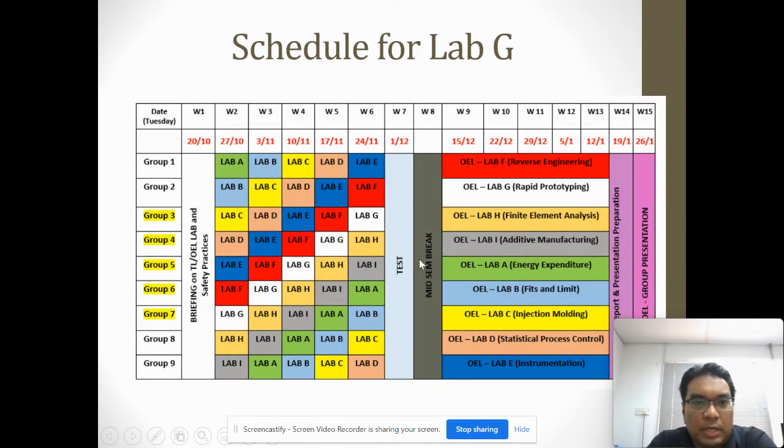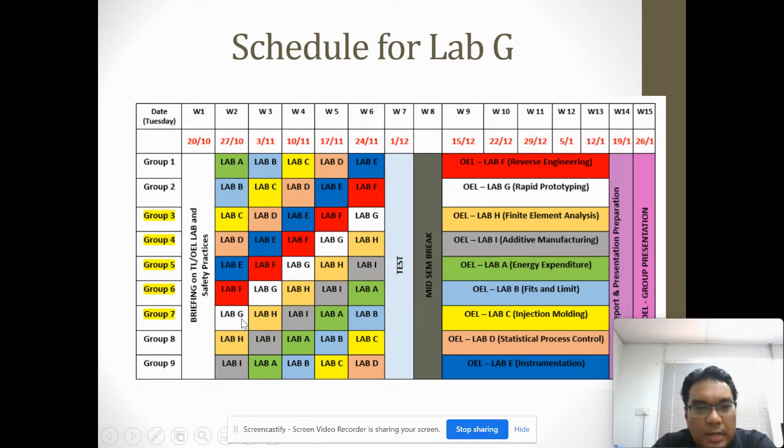This is the overall schedule for the traditional lab under Lab G, which is RP. Lab G is indicated here. For this week, you have already gone through the briefing from the coordinator, and the lab will start next week with group 7.